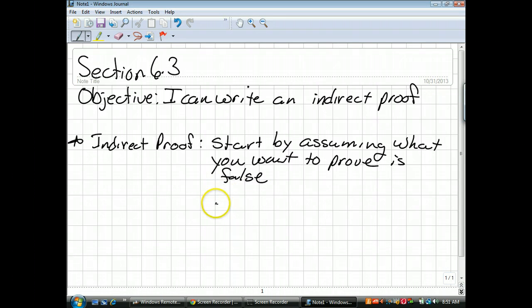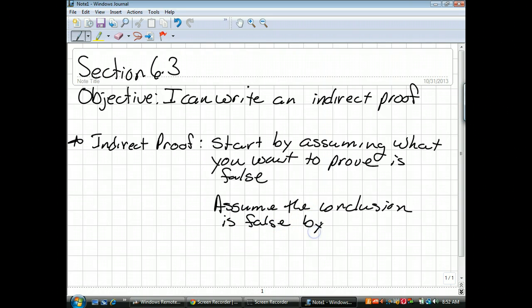In other words, you assume the conclusion is false, by saying that the opposite is true.